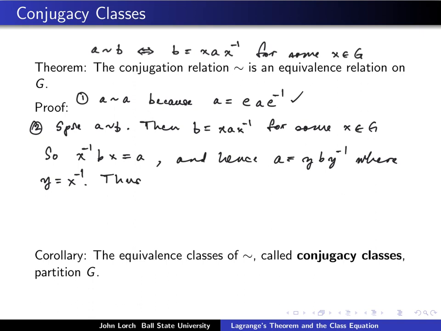And that tells us that B is related to A. And that's what we wanted to show, right? We started with A being related to B, and we wanted to show that B is related to A.